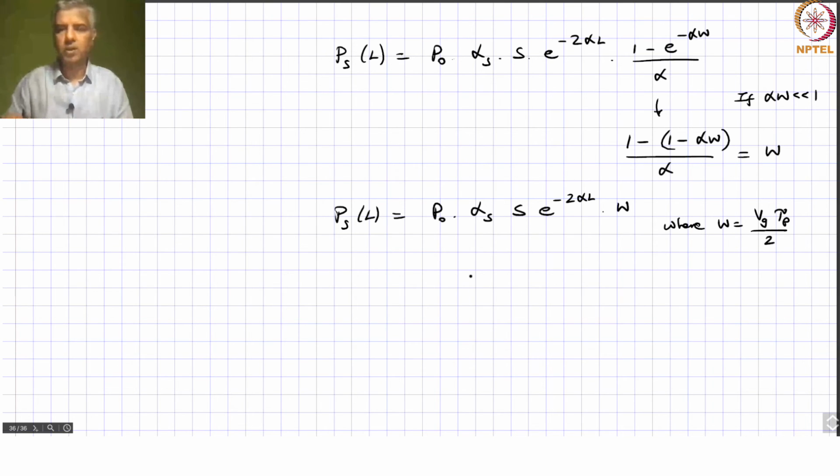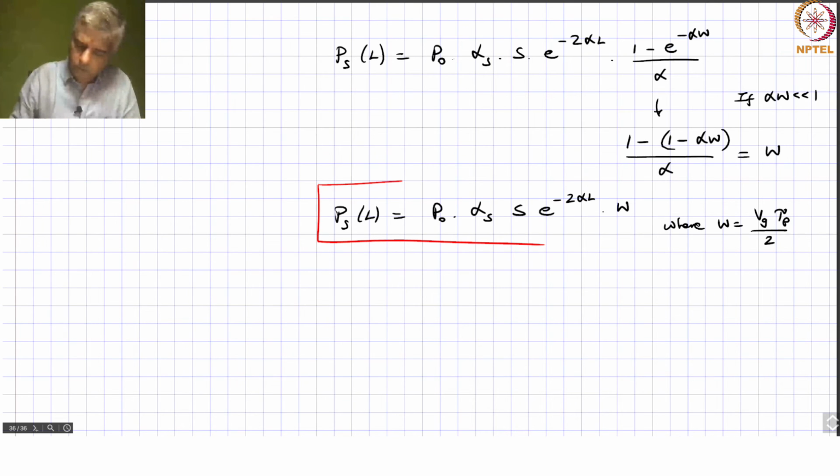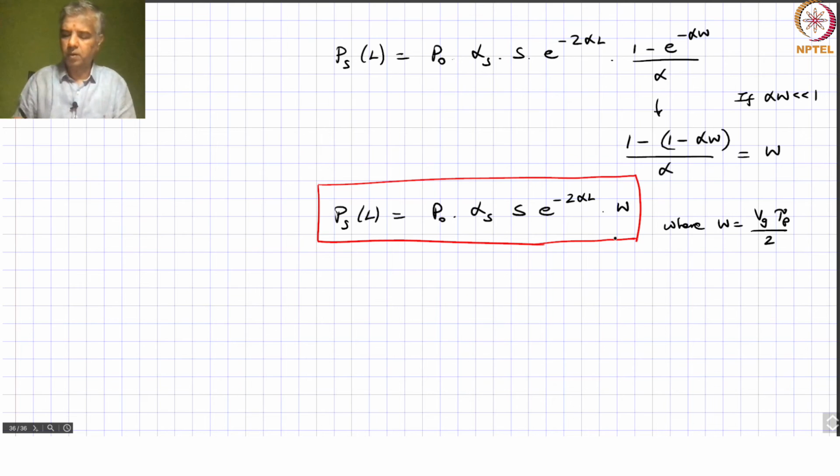Since we are looking at a round trip configuration, that corresponds to this factor of 2 in the denominator. Okay, so this is what characterizes the amount of power that you get at the receiver due to scattering at a location L.